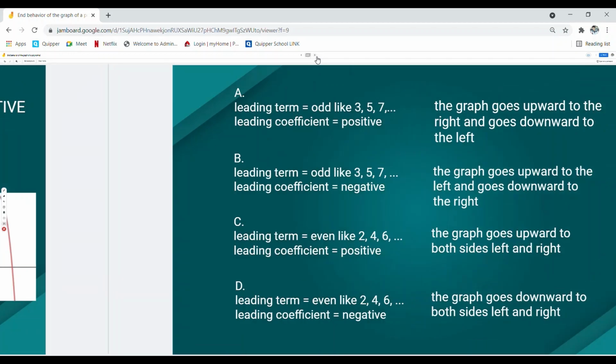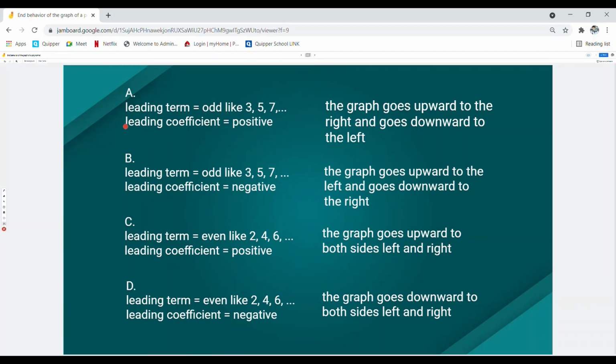To summarize, if the exponent is odd, like 3, 5, 7, and so on, and the leading coefficient is positive, the graph goes upward to the right and downward to the left, just like the cubic, the quintic, and so on.